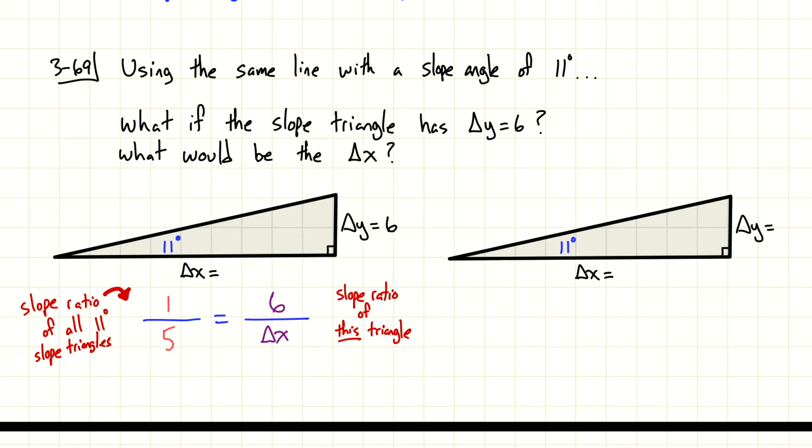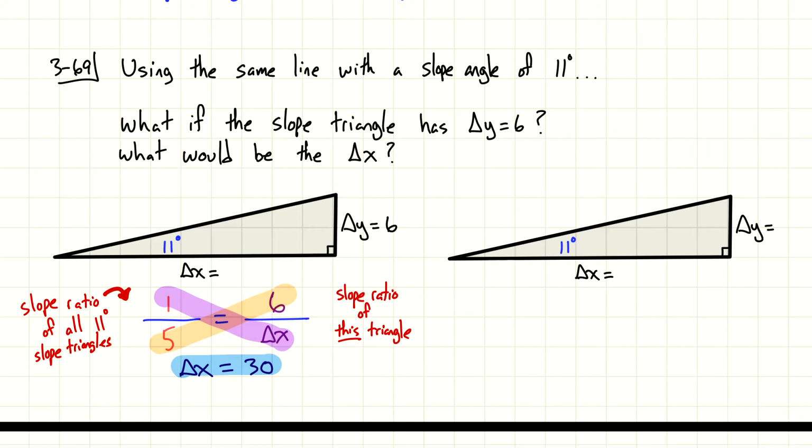So in this case, delta x times 1 is delta x, and 5 times 6 is 30. All right, if you're still not sure how we're getting that, that's because we are cross multiplying to get the solution. So let me highlight the answer. Delta x equals 30. So we figured out the missing side of a triangle.